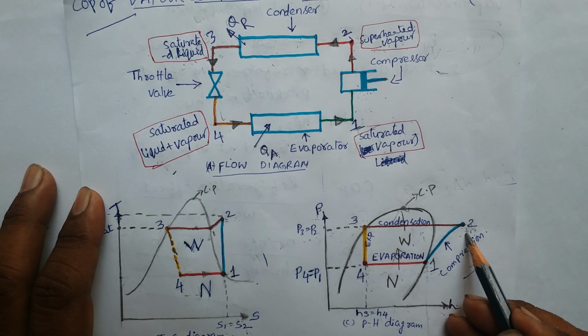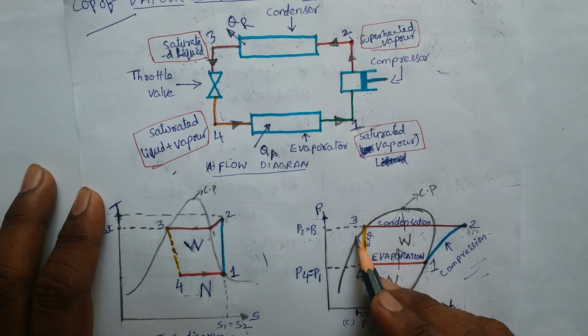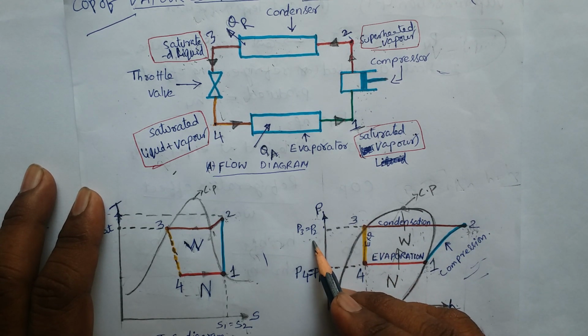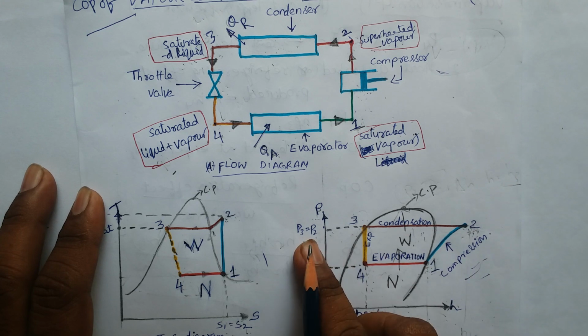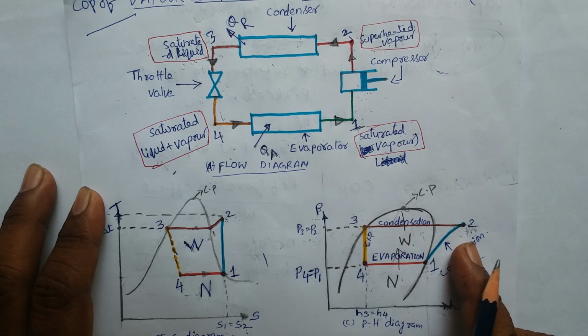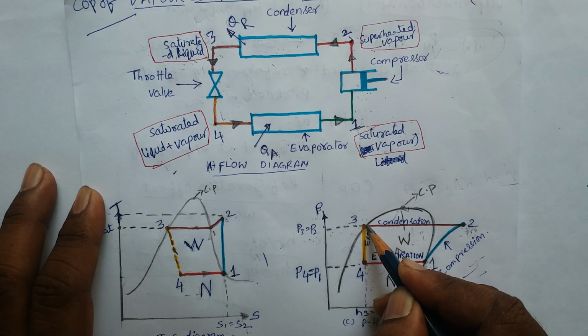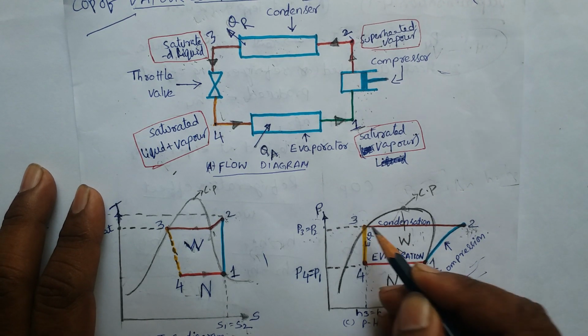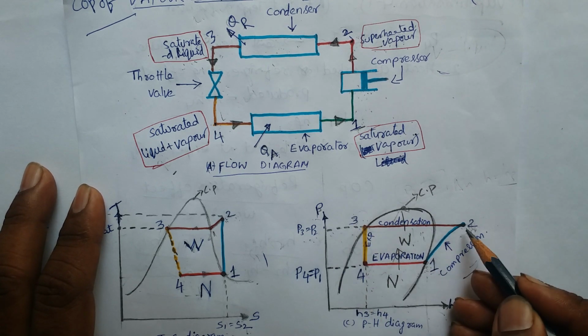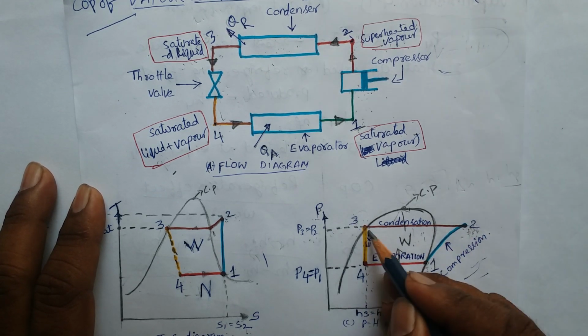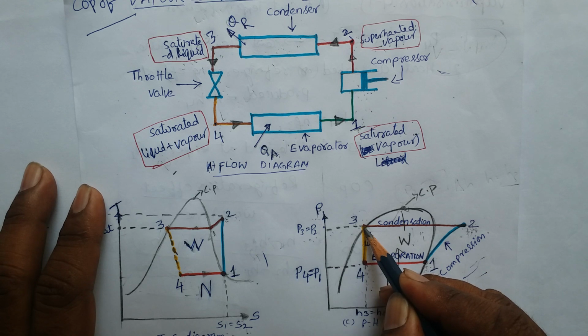That means before and after condensation the pressure is the same. This is called the condensation line, from superheated to saturated liquid. The condition of the refrigerant before is superheated, after is saturated liquid.